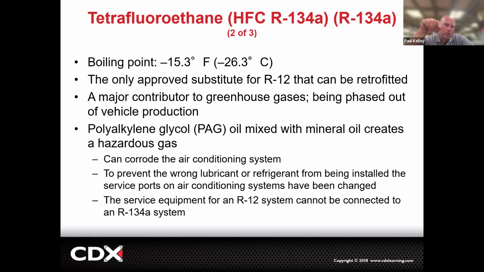So if you want to do a retrofit, you buy a retrofit kit. It comes with a specific type of oil. I can't seem to quite remember what the name is, but we actually cover retrofitting later. So this is just an overview. Right. But what they did to make sure you don't accidentally, unknowingly put PAG oil in there is we changed the fittings. So if you want to do a retrofit, you got to get rid of the R12 fittings.